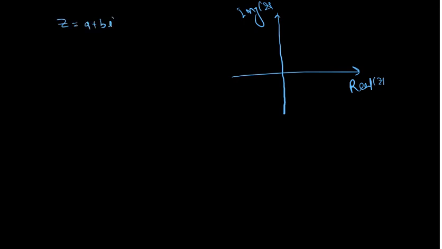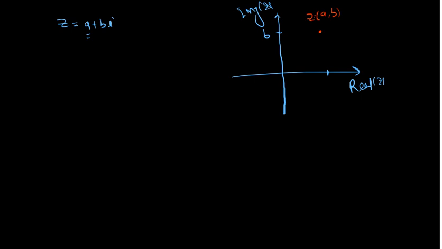Now you see the real part is a. Let's suppose a lies somewhere here, and the imaginary part is b, which lies here. So if I represent this point, I will get a point here. This will be my z, that is (a, b).